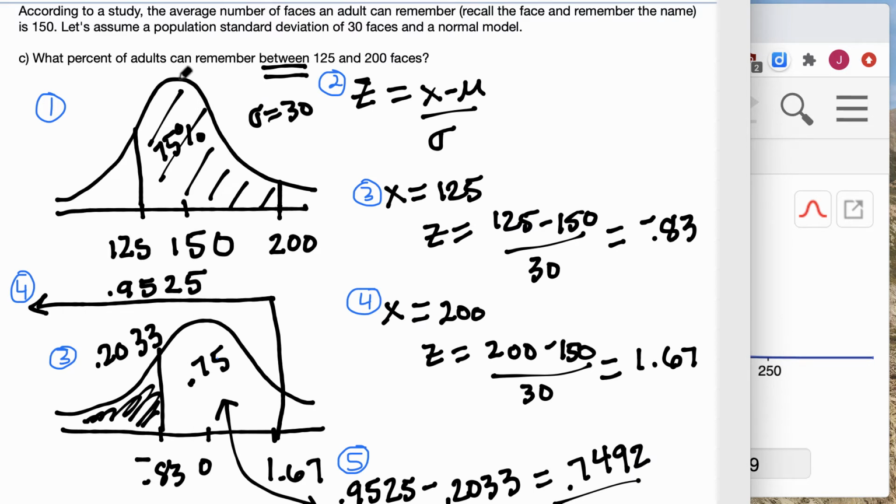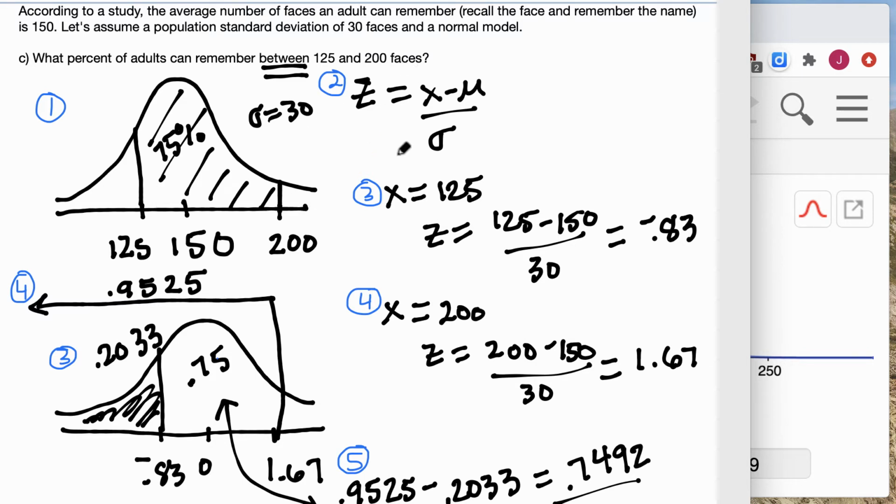Here's what we would do if we were working by hand. First, we would draw our normal distribution with a mean of 150, a reminder of standard deviation of 30, and then here's our cutoffs, 125 and 200. I've shaded that region. I also already put in the answer because I completed the problem already. So step 2 would be to find a z-score for each cutoff.